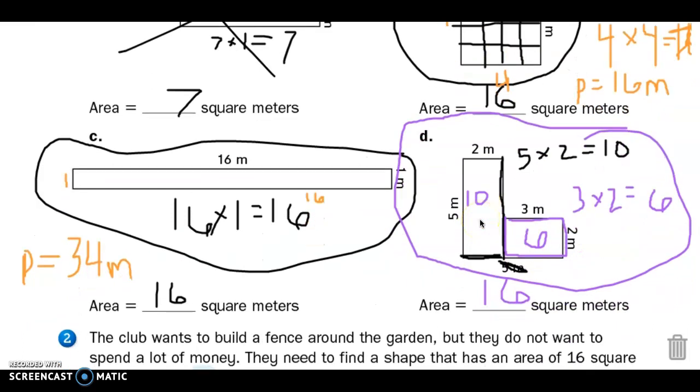Well, let's find out. Okay, if this side is 5, okay, so I'm going to need to add 5 plus 2. Oh goodness, that's 7. Okay, so right now I have 7 plus, what is this side length going to be?